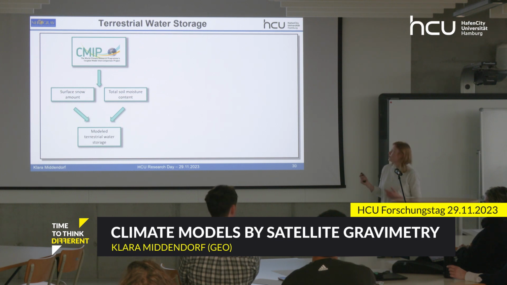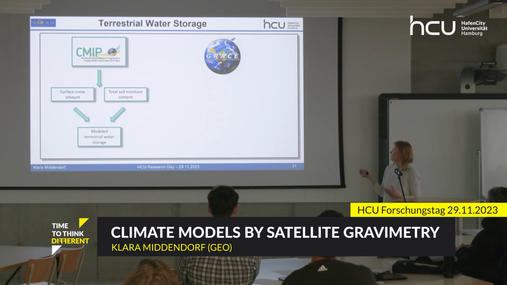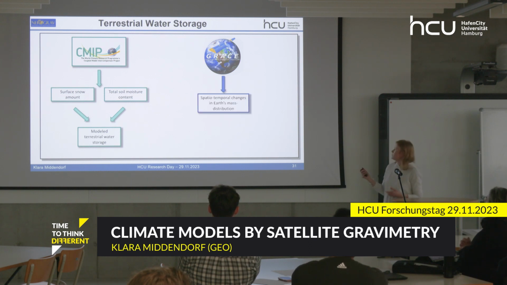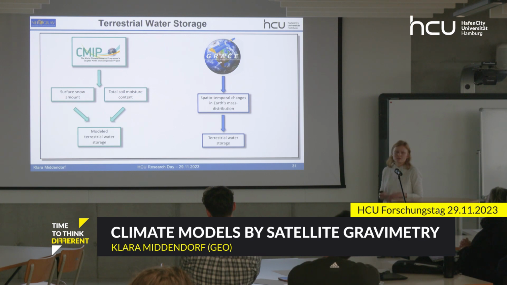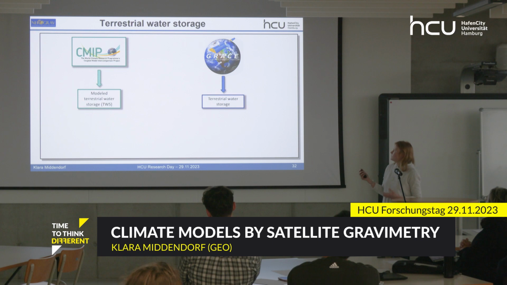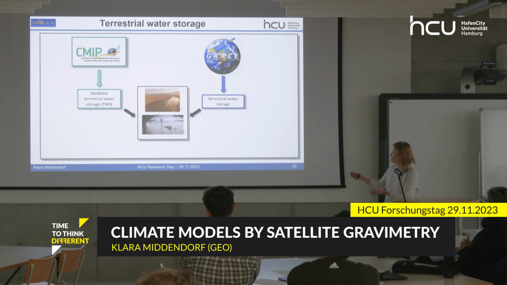And as you have heard already in the presentations from Annette and Viviana, we can also use GRACE, satellite gravimetry, which observes terrestrial water storage because it observes changes in the Earth mass distribution, which is mainly caused by changes in water mass.